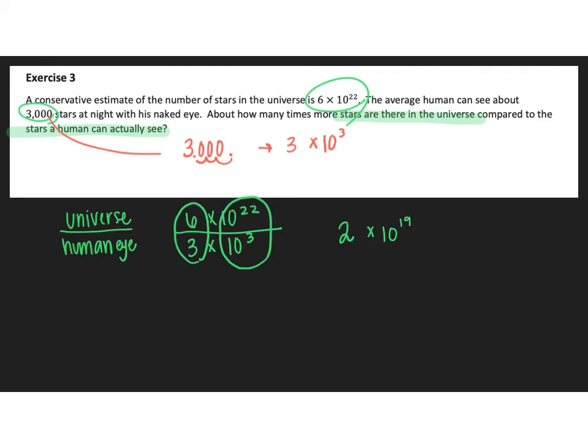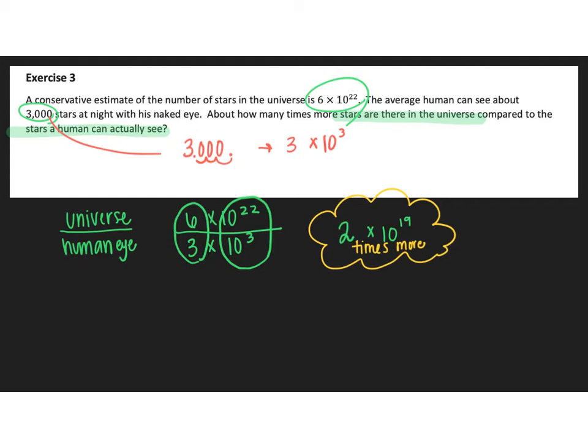Now we could rewrite this out as 2 with 19 zeros that follow it to turn it out of scientific notation, but it doesn't actually tell me to do that, so I'm going to leave it in scientific notation because this is already written correctly, right? The decimal point is right here, the leading digit is correct, the scientific notation, we figured out the exponents, so it is about 2 times 10 to the 19 times more.